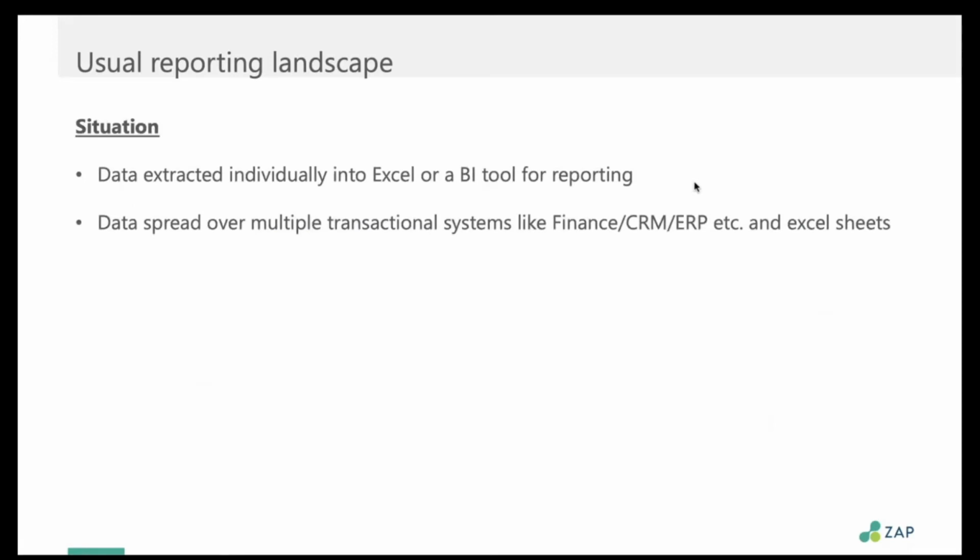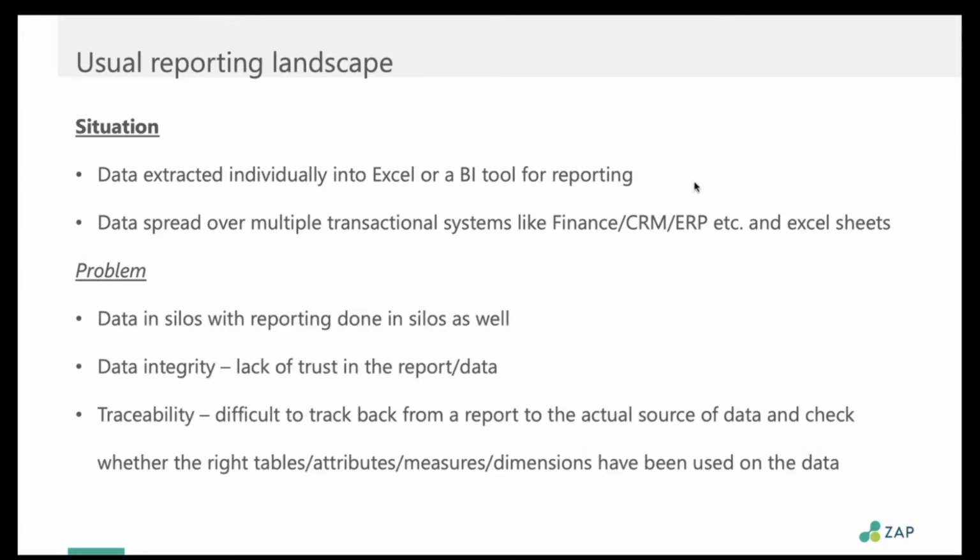But just to add to that, essentially the situation is that data is extracted individually, either into Excel or a BI tool. It's spread across multiple systems, and the problem is you have reporting in silos, and trusting what the report consists of and where the data comes from. That covers the second part, which is traceability.